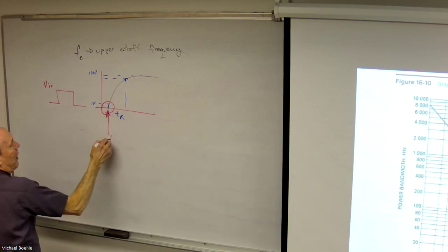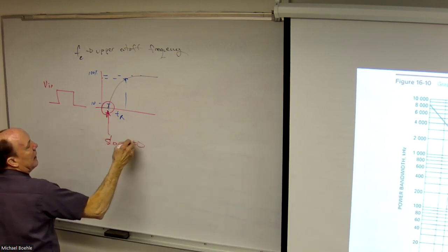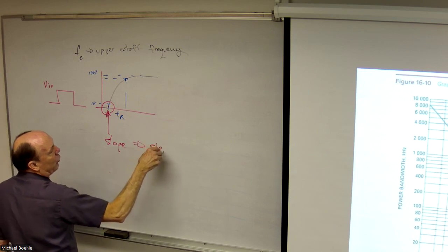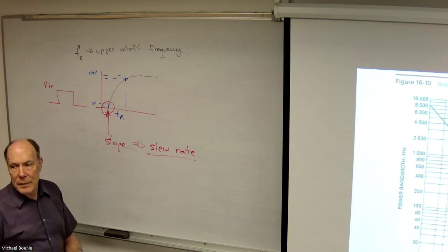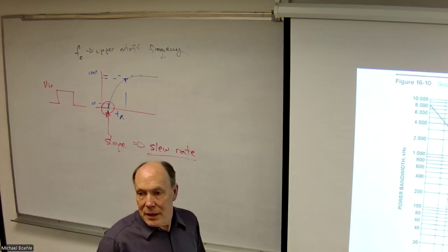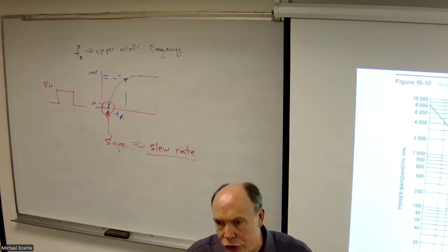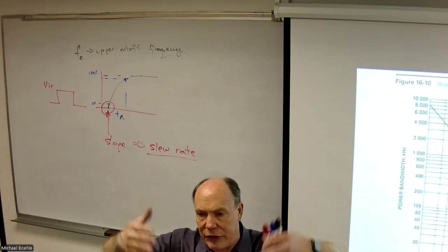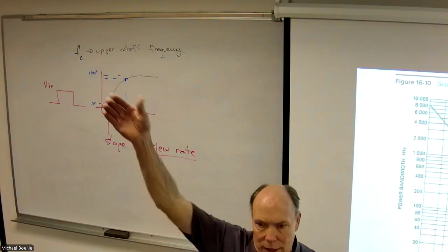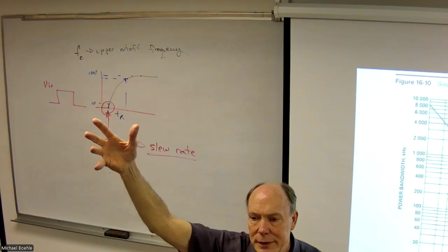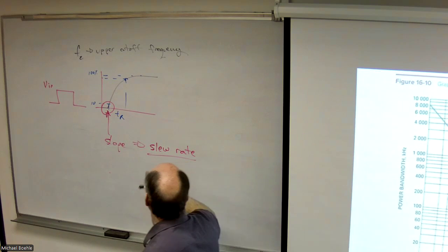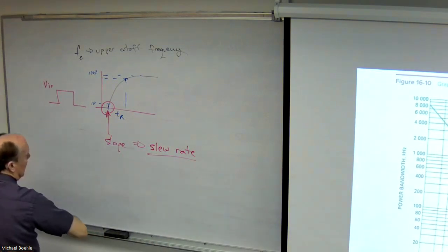So the slope of that curve is what is known as the slew rate. Essentially, it's that capacitor charging up, right? The capacitor that's in parallel creating that upper cutoff frequency has to charge up. That's what creates it. So what effect does that have?